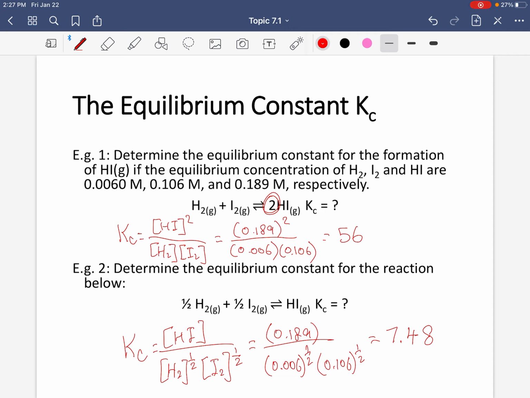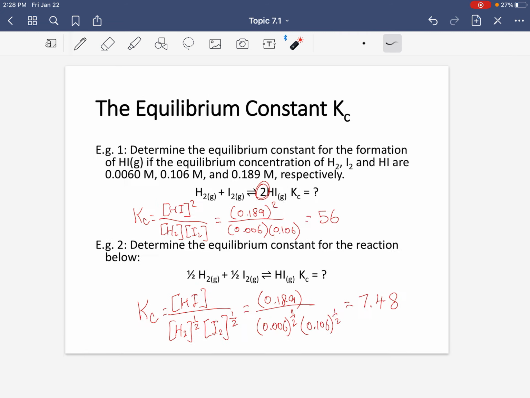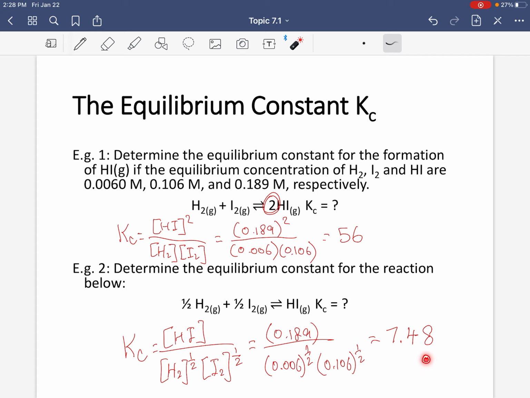Something is really cool here. If we decrease the coefficients by half, it seems my equilibrium constant is decreased by square rooting it.